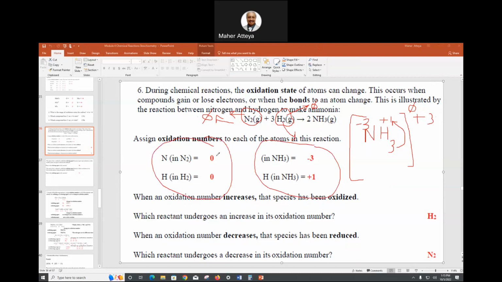Now you tell me, if you go from 0 to -3, what do you call that? Oxidation or reduction? It's a decrease, and reduction means decrease. 0 is here, -3 on your left, correct? -2 is greater than -3, then -1 and 0.